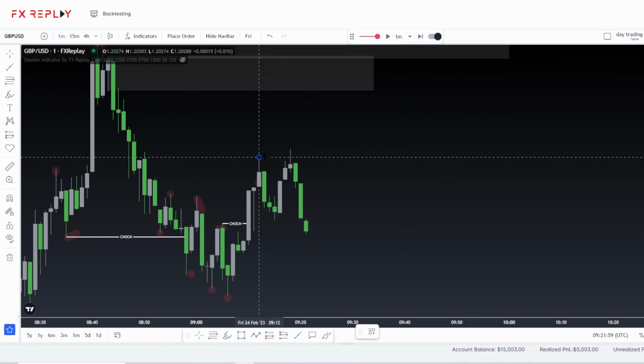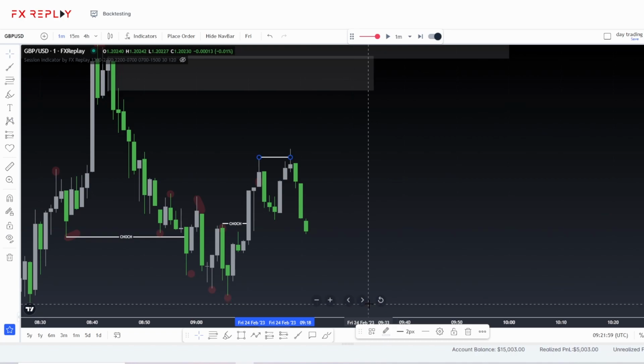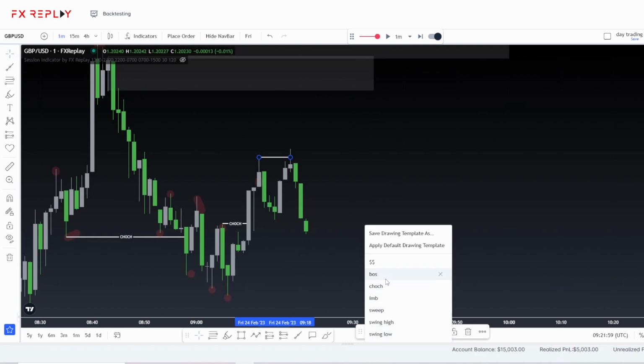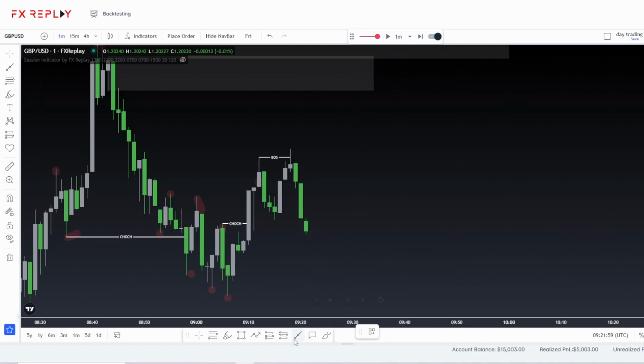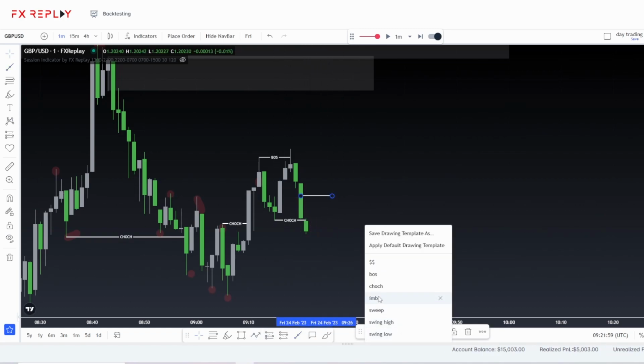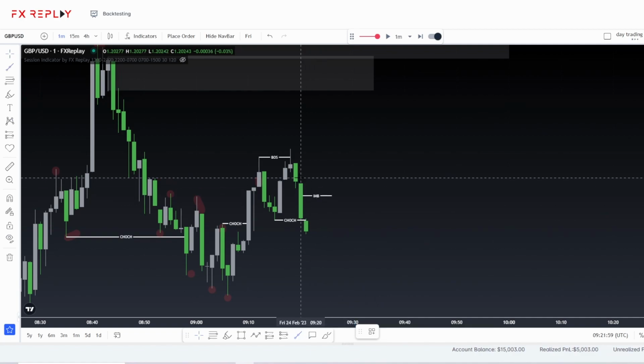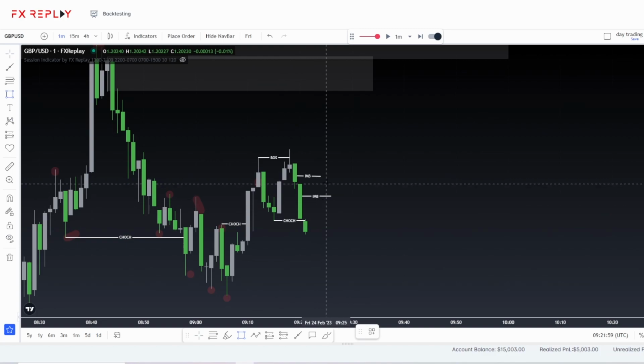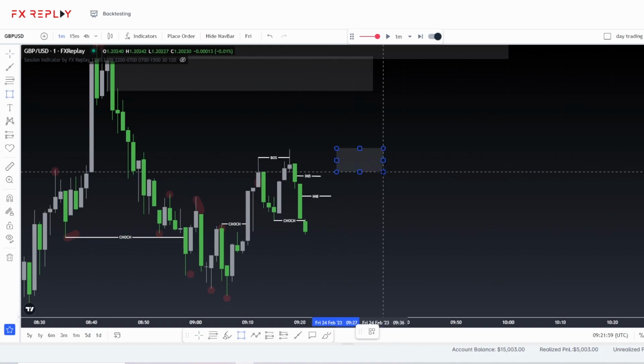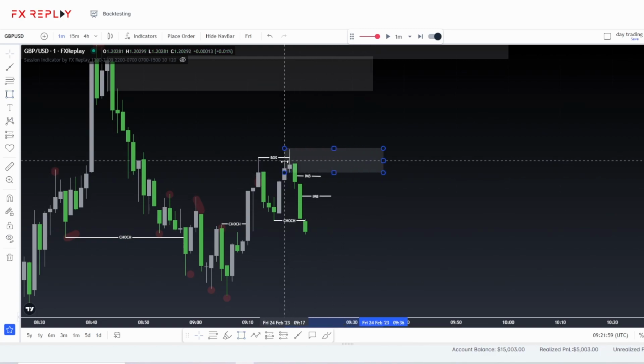Okay. So there we have a break to the upside. And then we have our change of character. We have imbalance in here. We have imbalance in here. And we have our unmitigated supply zone right there.